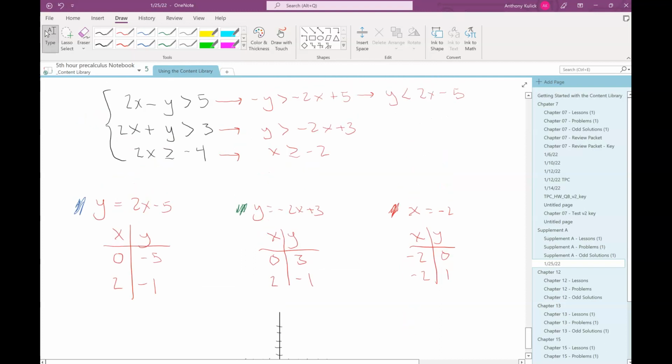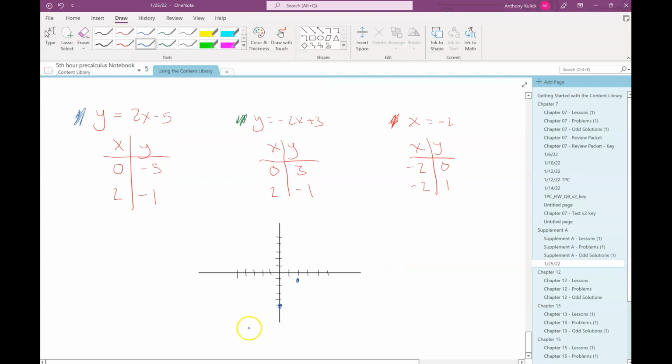And this one was a strict less than. So we're going to use a dashed line, and we're going to be shading below. I'm going to just draw the down arrow, and I'm not going to do any shading yet.